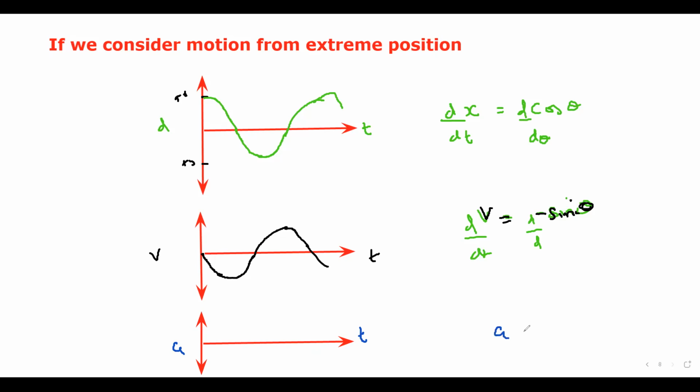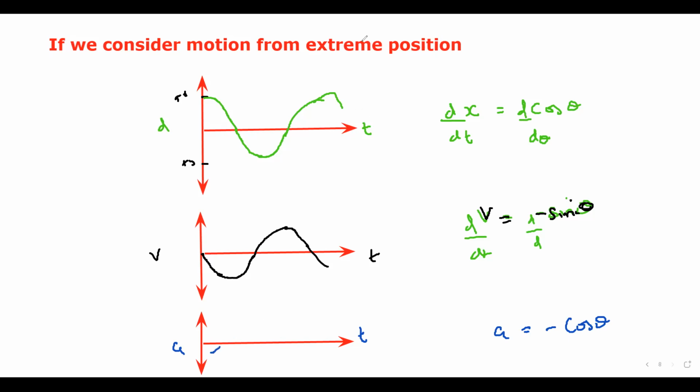And what is the derivative of minus sine? The derivative of sine is cosine, so it will be minus cos. So it means the acceleration graph will be minus cosine, the opposite, like the mirror image of displacement.